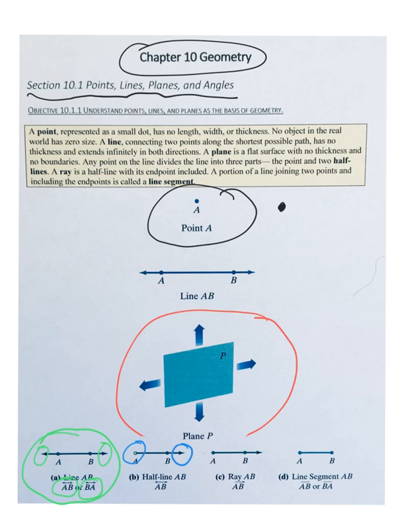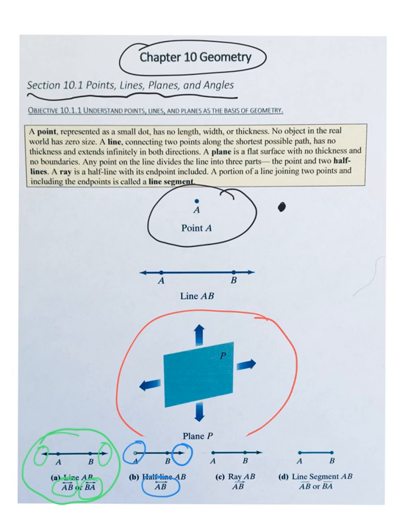So this would be read out loud as half line AB, but technically the half line begins after point A. Point A itself is not included on that half line because there's an open O, a hole there. And the notation for that is you would list where the hole is first, and you would draw the hole above it. So you can see I've circled the notation for half line AB right below the example of it.